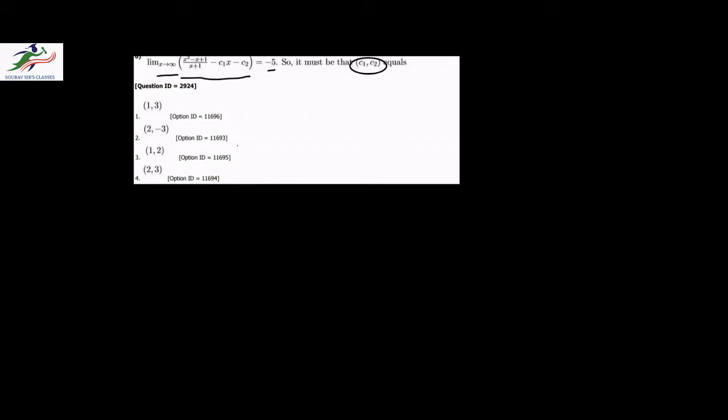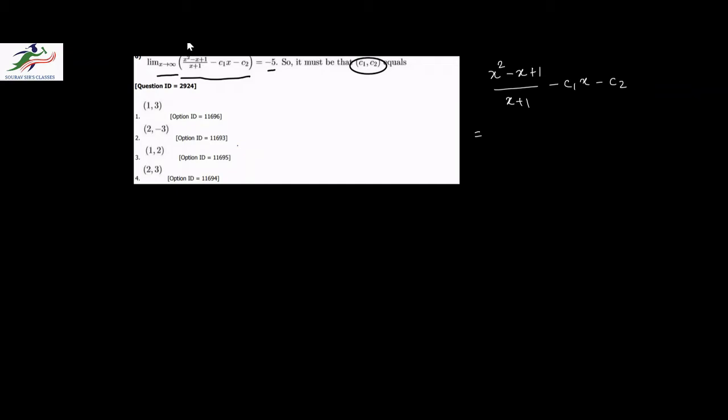So first let's look at the function itself and simplify it. The function is given as x square minus x plus 1 divided by x plus 1 minus c1x minus c2. So this is the given function.